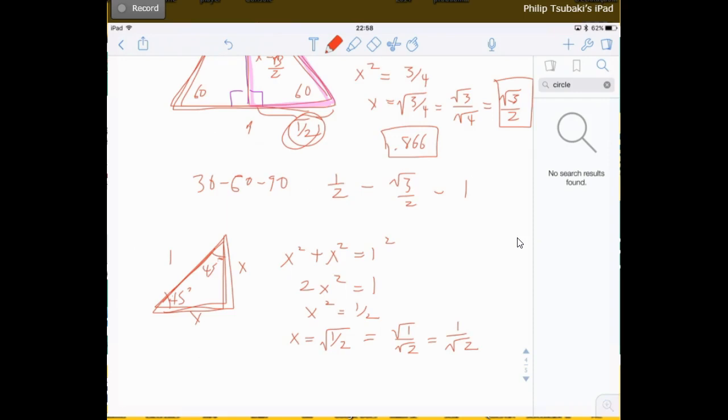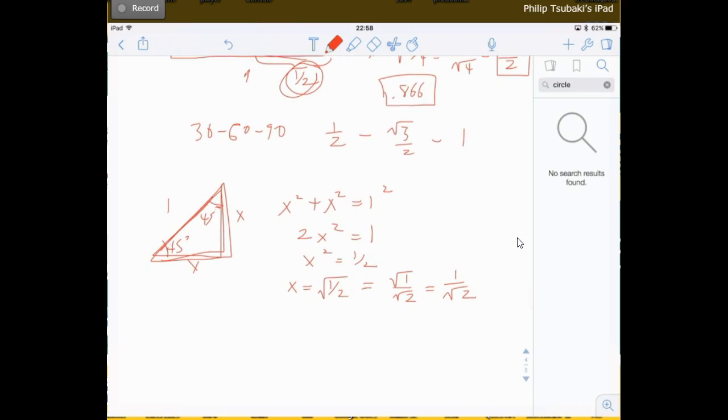And so we can change this to a fraction which does not have a square root in the bottom by, instead of saying square root of 1/2, we could take the square root of 2/4, which is also the same as 1/2, right? In this case, we'll have the square root of 2 on top, and we'll have the square root of 4 on the bottom. Since the square root of 4 is 2, we can say that it's square root of 2 over 2. 1 over square root of 2 and square root of 2 over 2, they're the same thing.